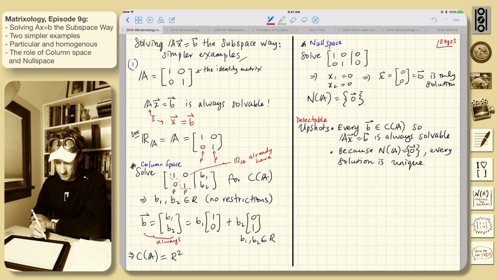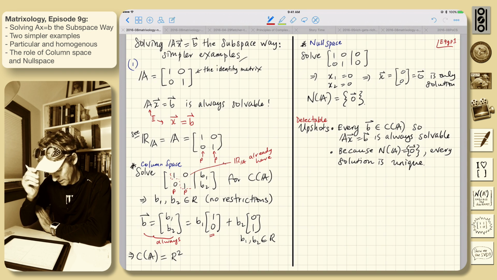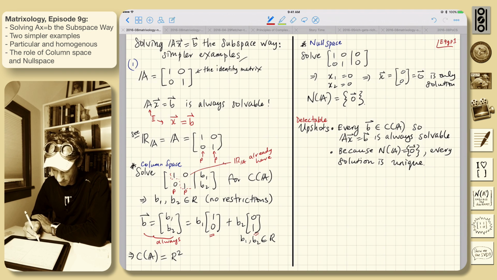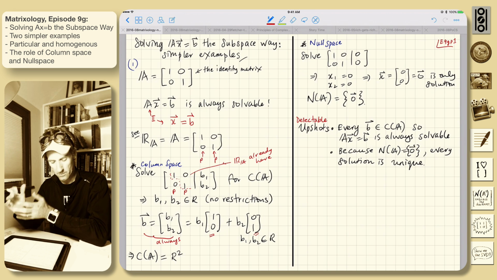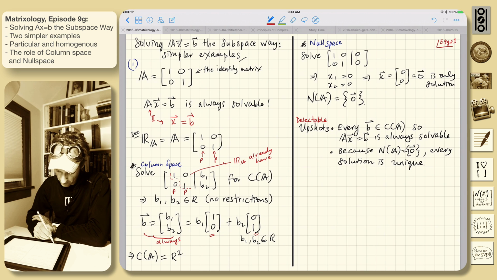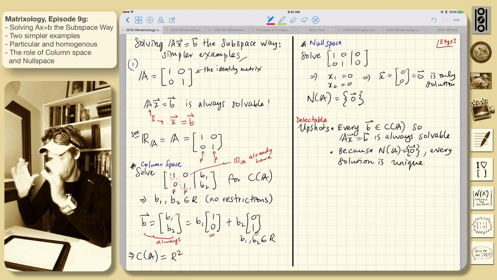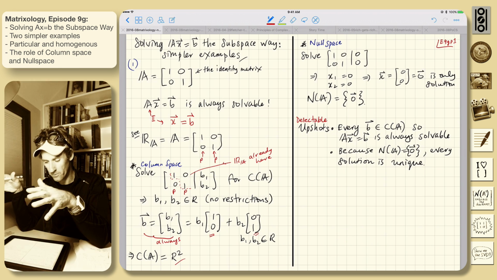There are no such things here. So it's going to be B1, and we can just break this up: B1 times a fixed vector, 1, 0, and B2 times 0, 1. So it's just the coordinate structure coming back, i hat, j hat if you like. So the column space of A, we don't have to put curly brackets or anything, we just say it's R2. It's all of 2 dimensions.